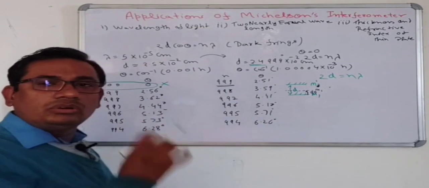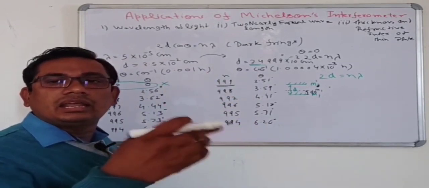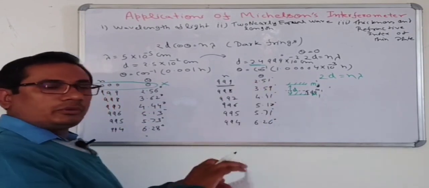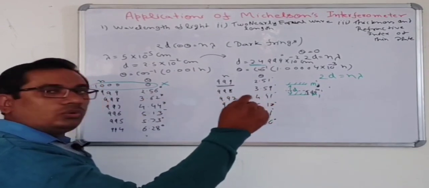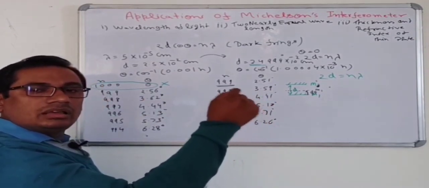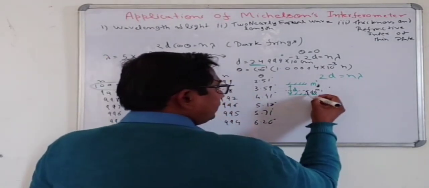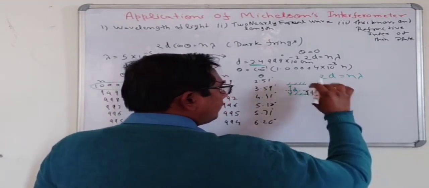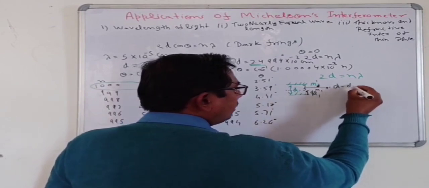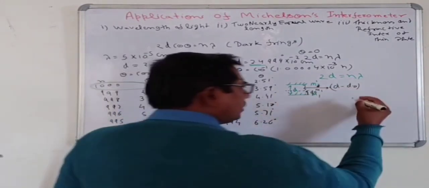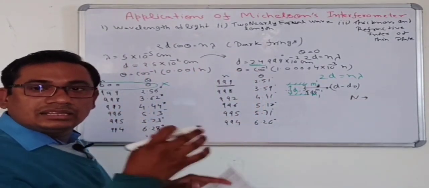Suppose that we count the number of fringes collapsing at the center, maybe 9, 10, 11 like that. Now suppose that we decrease d. What will happen? We observe the fringes here and we see that 1, 2, 3, 4 fringes collapse at the center. It means that the final distance between M1 and M2 dash is d minus d naught. Suppose capital N fringes collapse at the center.